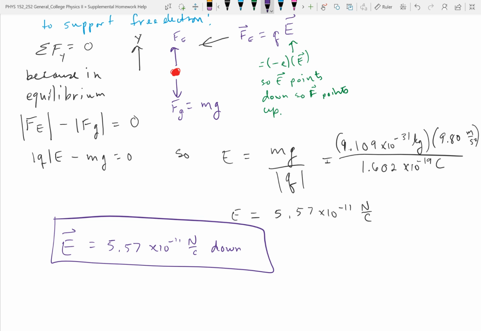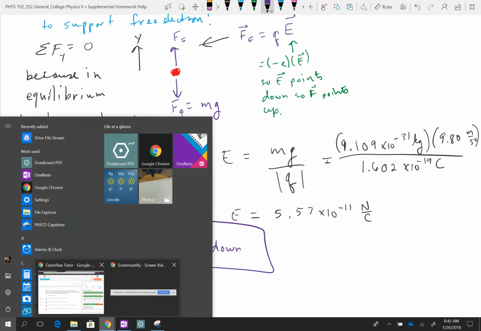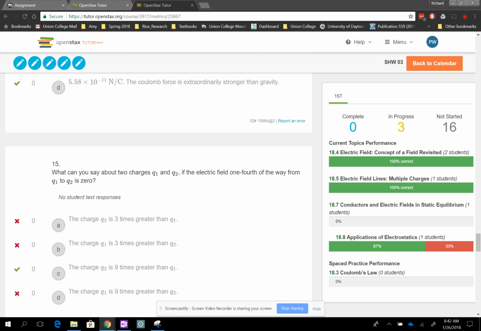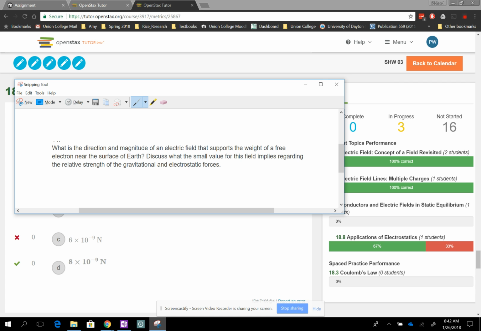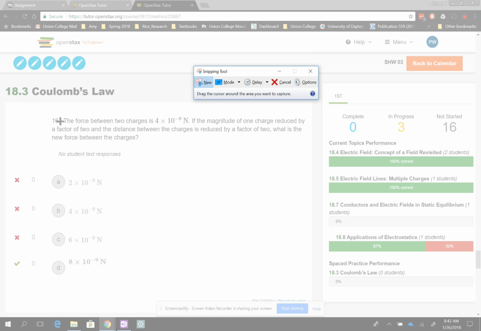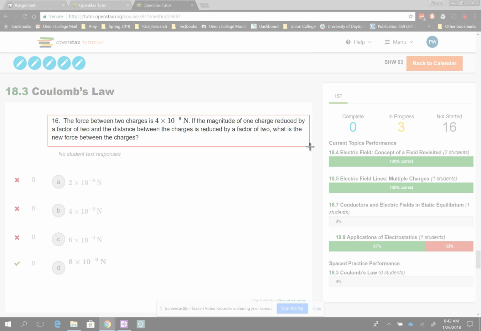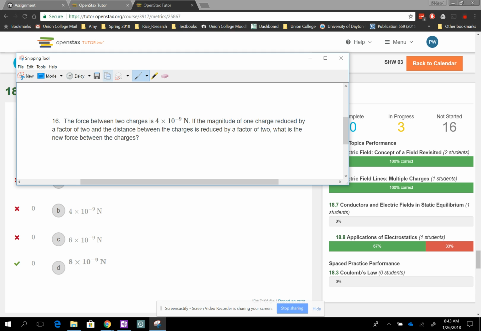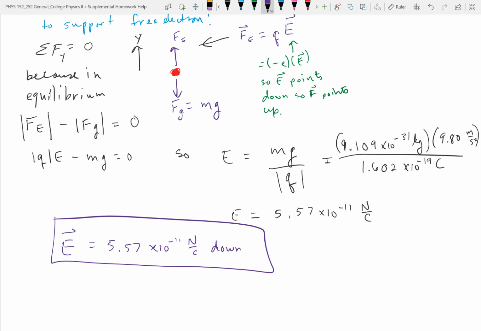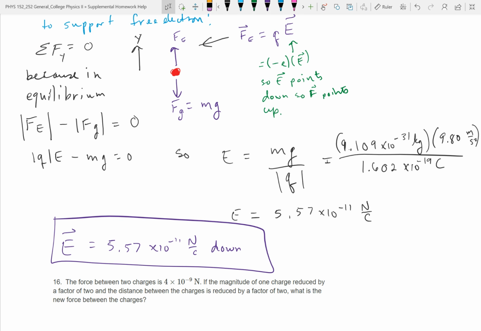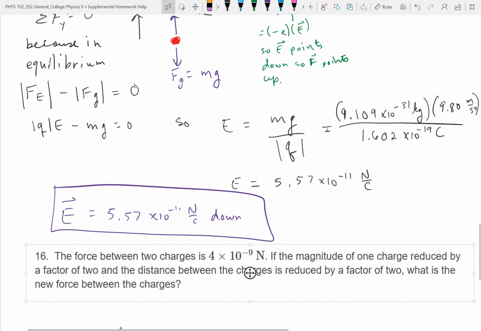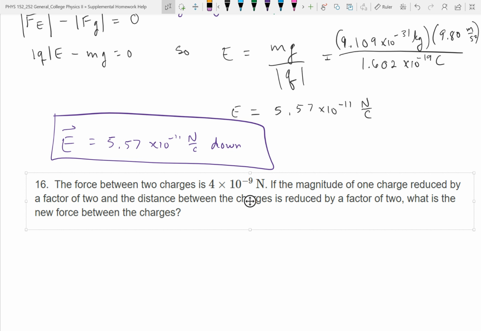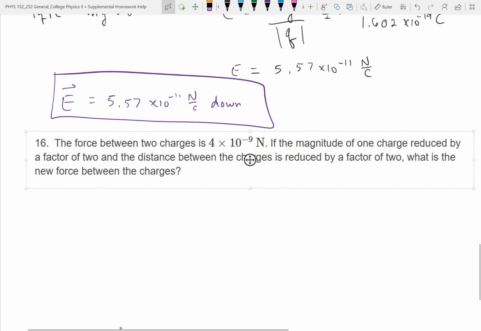The next one says the force between two charges is 4 times 10 to the minus 9 newtons.